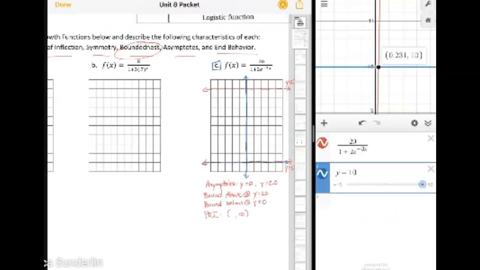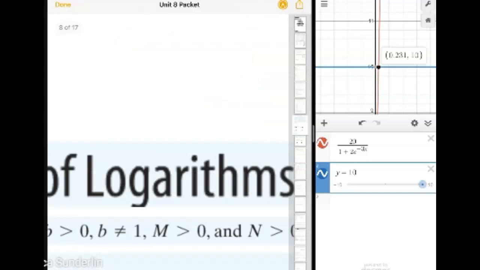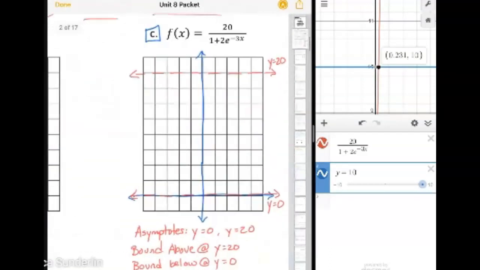So here we're looking for where these two lines intersect, and where they intersect has an X value of 0.231. That is the X value of our intersection. So I have, let's see, this is 5, this is 10, and it's over just a little bit. So that's where my point of inflection is.